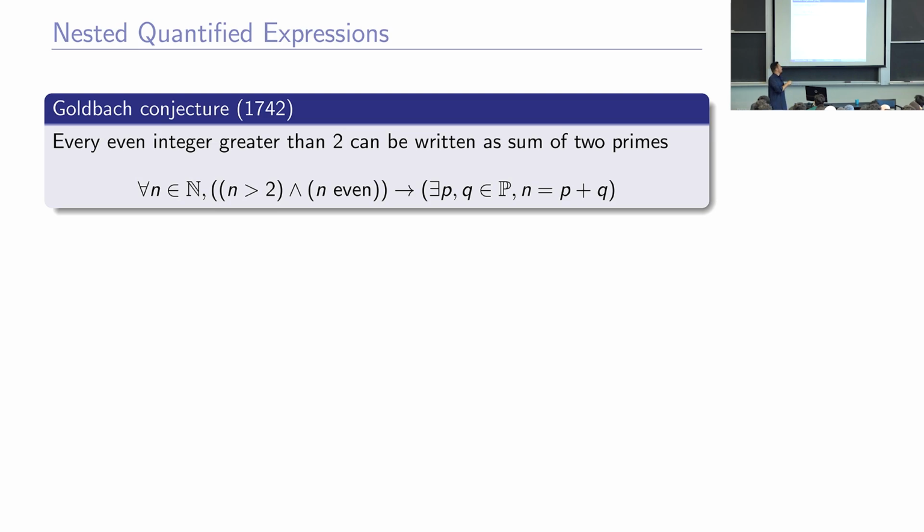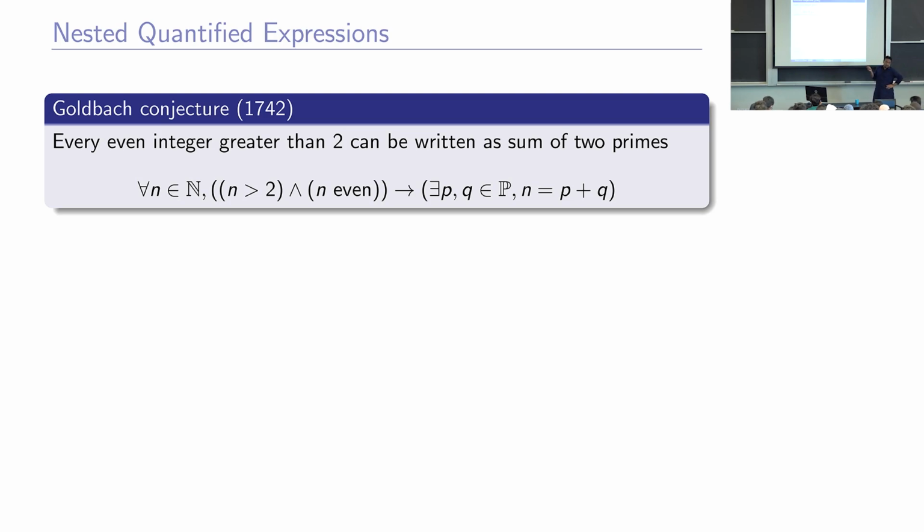There exist P and Q from the set of prime numbers, such that n can be written as P plus Q. Now read to yourself the English translation. Actually I wrote the math as a translation of the English because it came first. But I want you to really appreciate that these two are exactly the same thing.